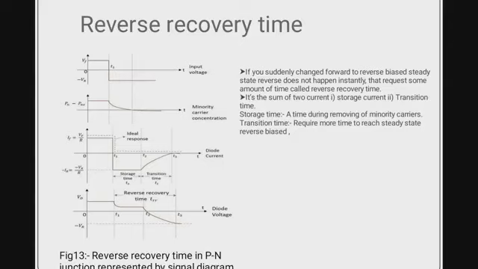Until they have been removed from the P-type and N-type bead, the diode is in conducting state. Later it requires some more time, and that is called the steady state reverse bias state.